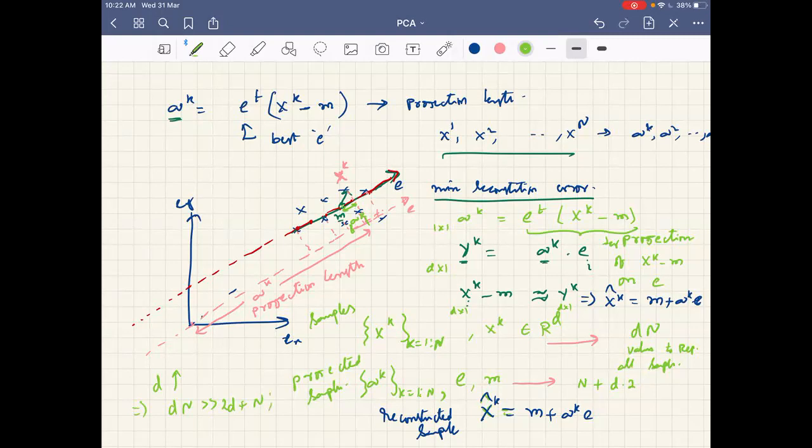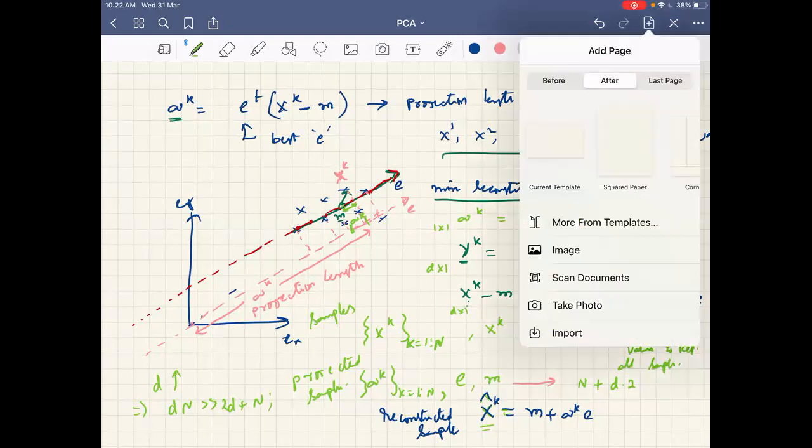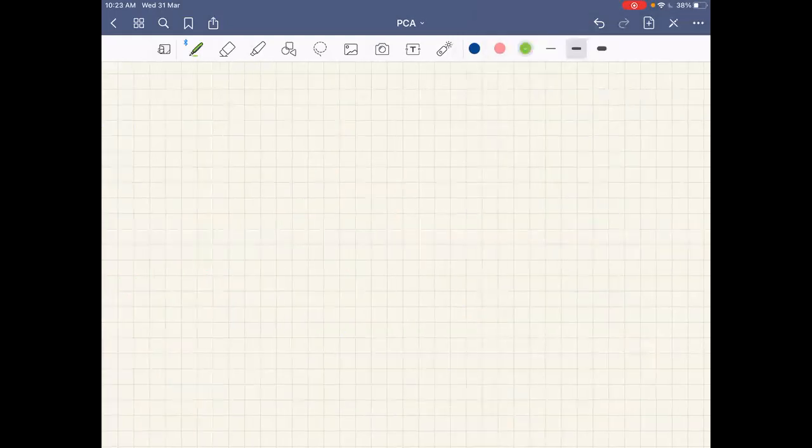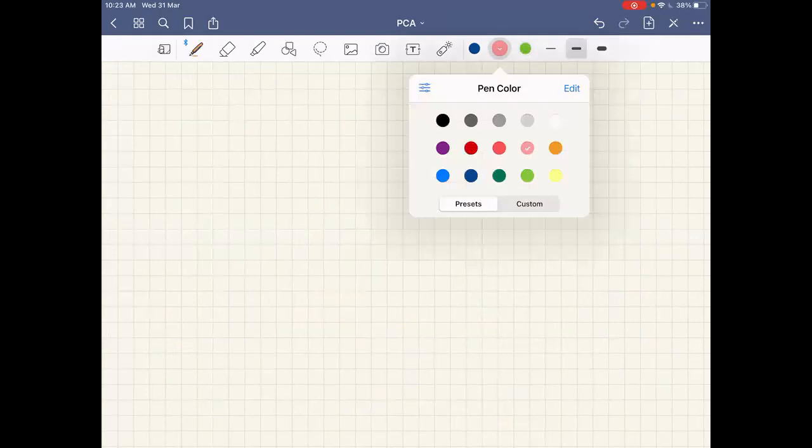So there is a dimensionality reduction happening, and we can get the reconstructed samples in the original dimension. However, there is some error in the reconstruction. So let us now quantify the error in the reconstruction.